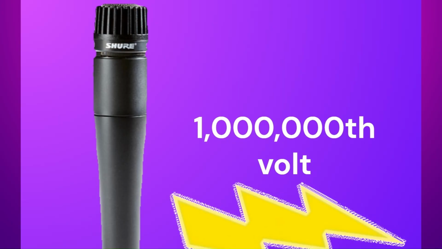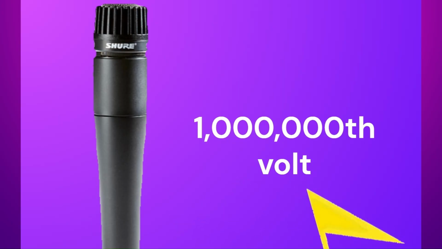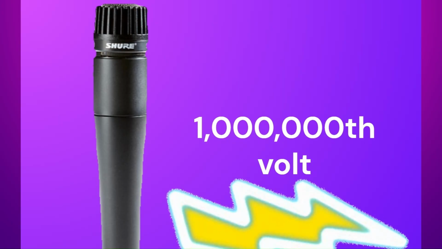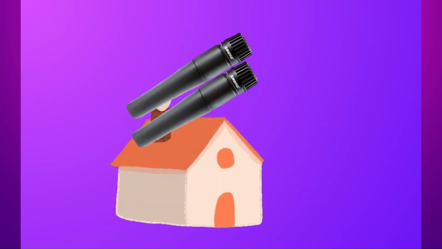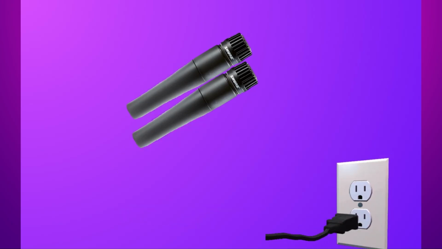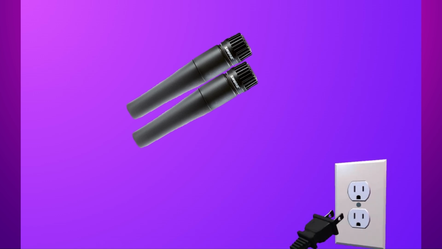Anytime a sound hits that microphone, it's creating a little teeny tiny bit of electricity. Who knows? Someday we might tear down the solar panels on our roofs and put up a couple hundred million microphones to power our homes. Kind of weird, but I thought it was fun.